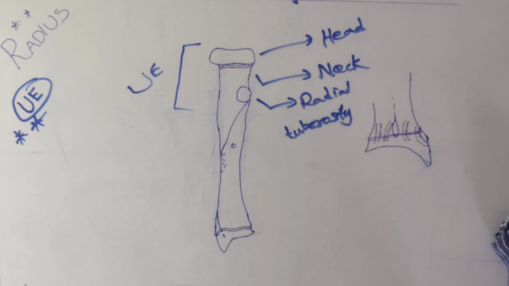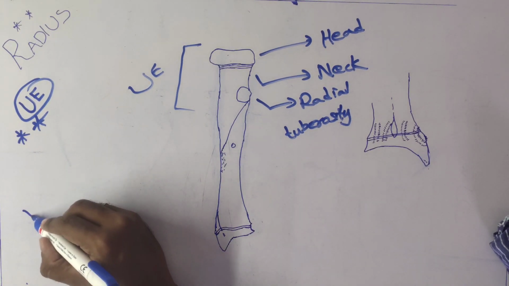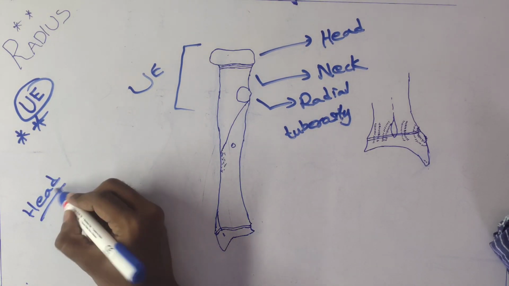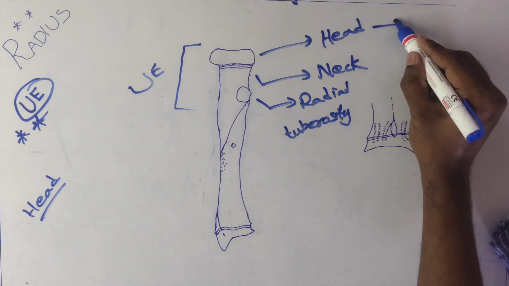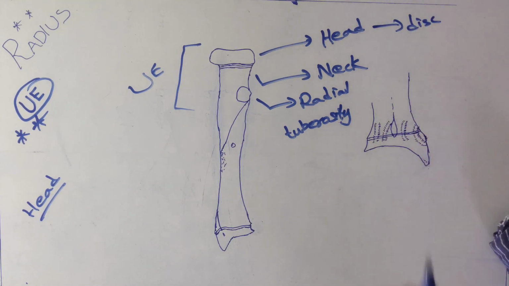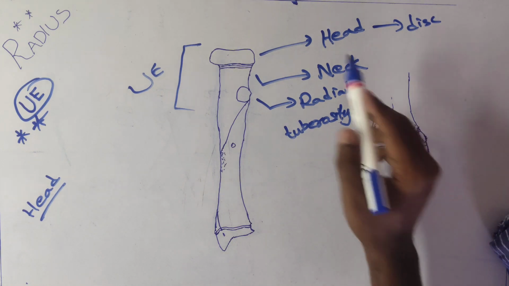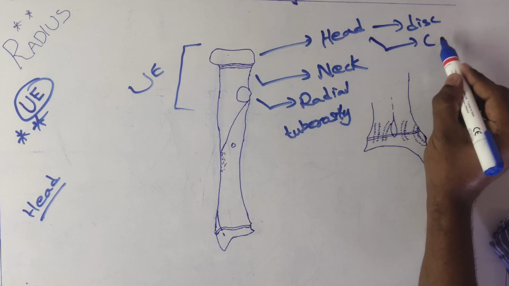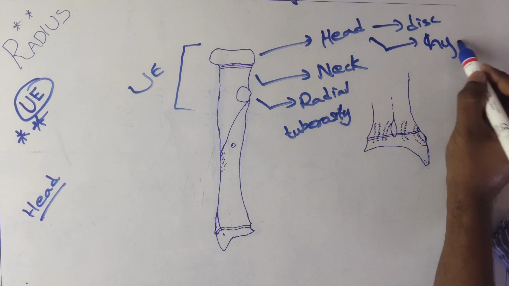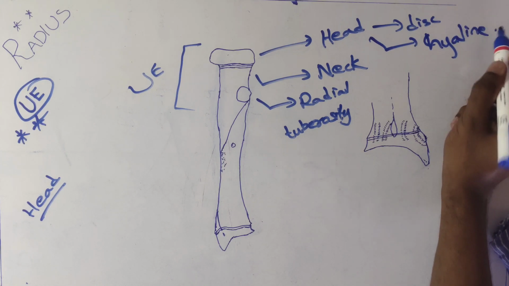Let us discuss about the head. Head is disc shaped. We already discussed it. It is covered with cartilage called hyaline cartilage.